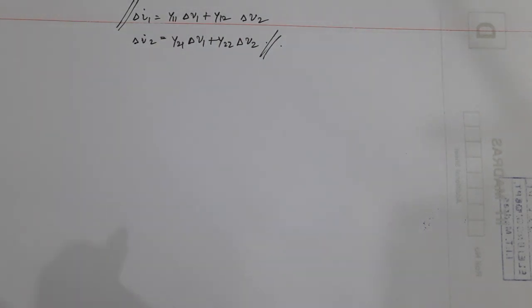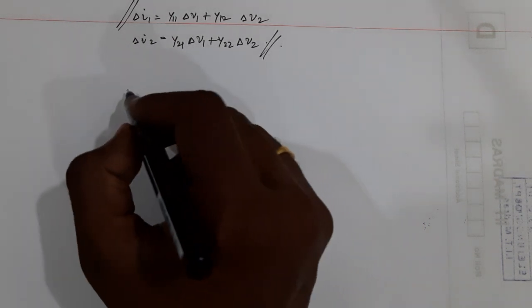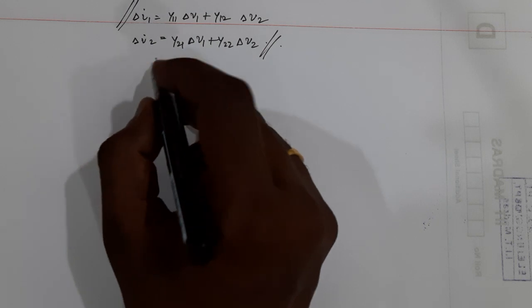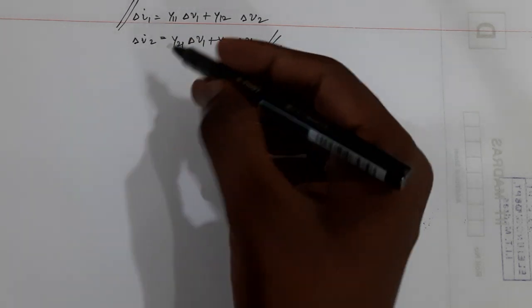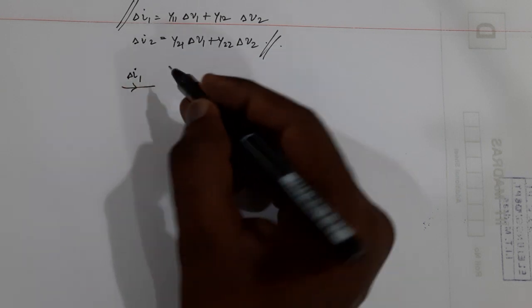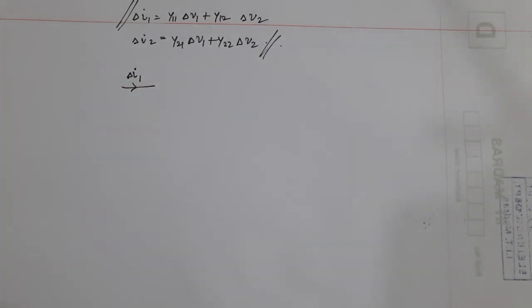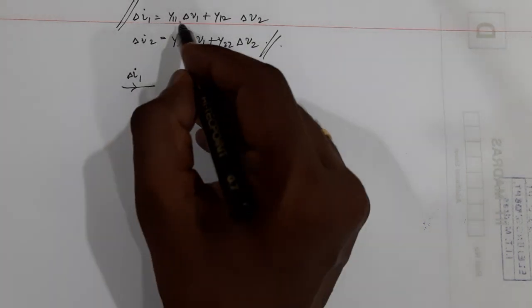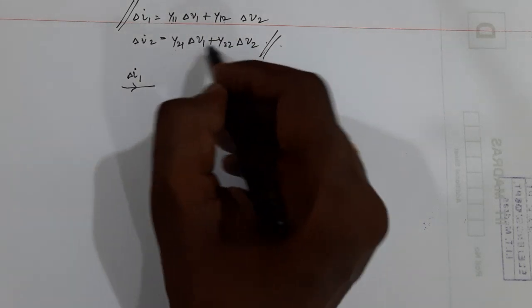Now how this two-port linear network will look, that is what we have to do. So a two-port linear network defined by this expression should look something like this. First of all, this is delta I1. Remember, if it was a single port or two terminal, we said it will look like a resistor. But if it is a two port, it doesn't look like a resistor anymore. It is a combination of Y11, Y12, Y21, Y22.